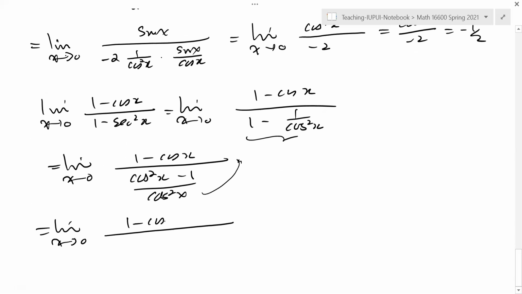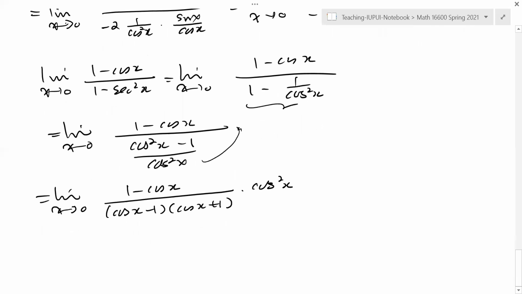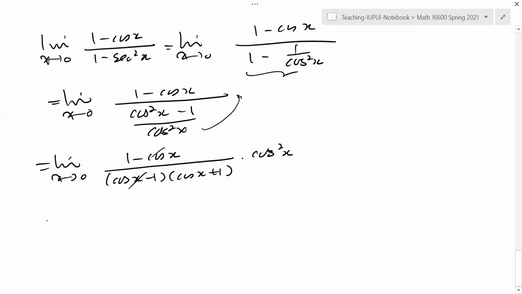You will get 1 minus cosine x, but cosine squared x minus 1 can be written as cosine x times cosine x plus 1, and here cosine squared x. All right, so 1 minus cosine x minus 1, which we cancel out, you get a negative 1. So after you simplify it, you get negative cosine squared x over cosine x plus 1.